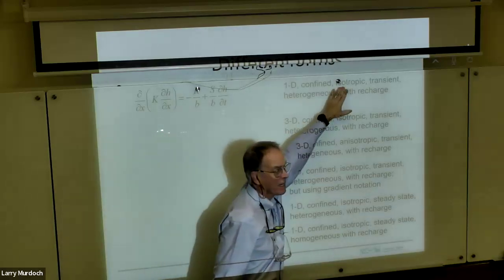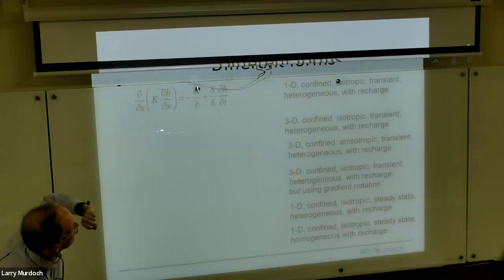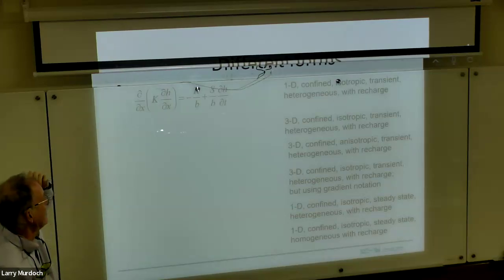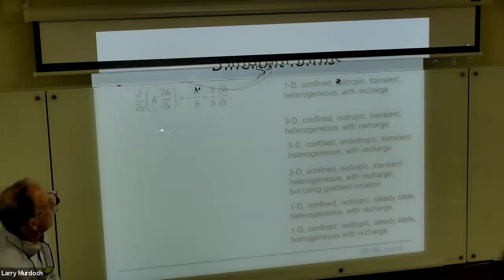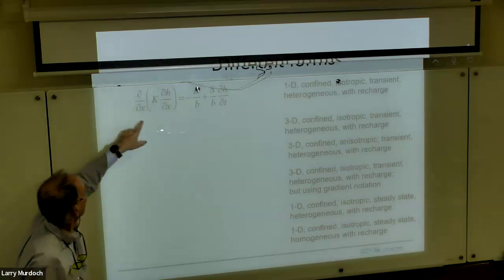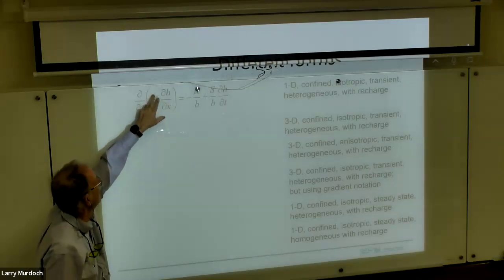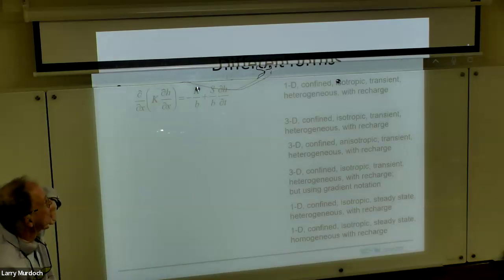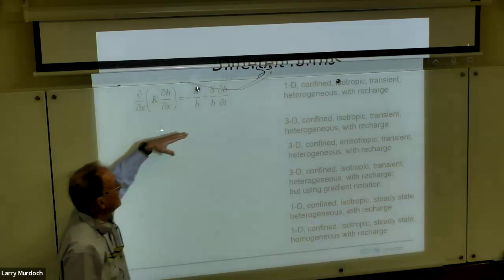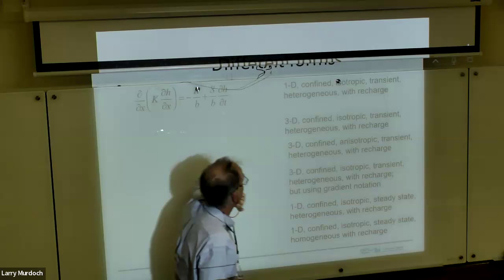It's isotropic. That means the conductivity is uniform. Actually, the way we have the conductivity here inside of this derivative, it could be non-uniform, but isotropic means that it's the same in all directions.